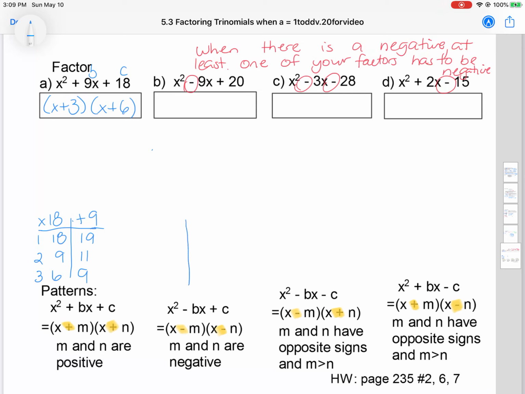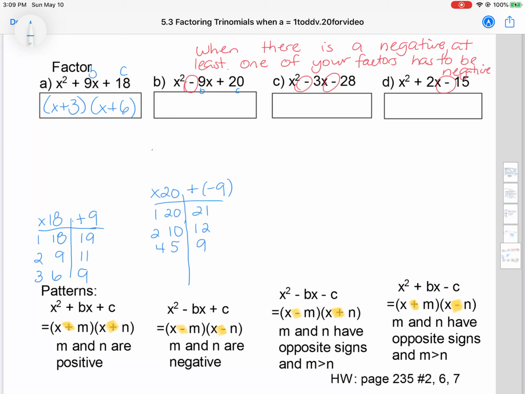Now again, we got C and B, so we're multiplying to 20 and adding to negative 9 this time. 1 and 20 is 21, 2 and 10 is 12, 3 doesn't work. 4 and 5 is going to give us positive 9.